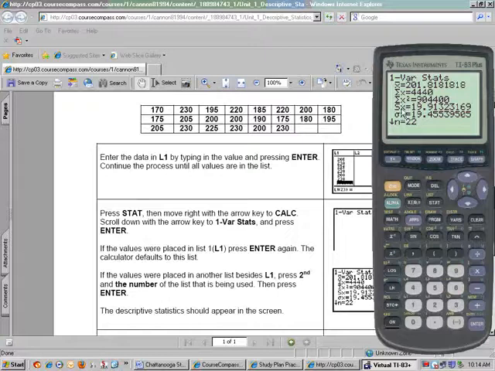So right now, if they ask us to find standard deviation, we could write down 19.9. That's the amount of deviation among the weights of these ball players, which is quite a bit. That's a pretty large number for your standard deviation.